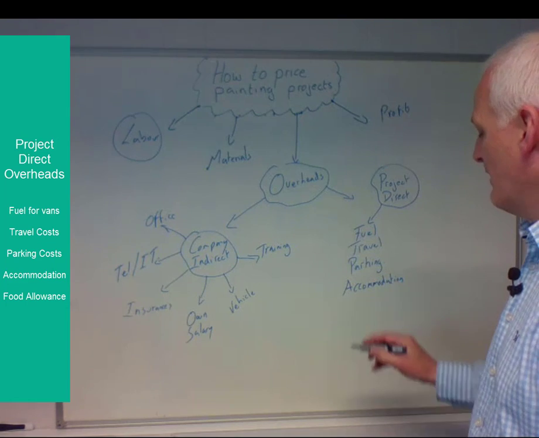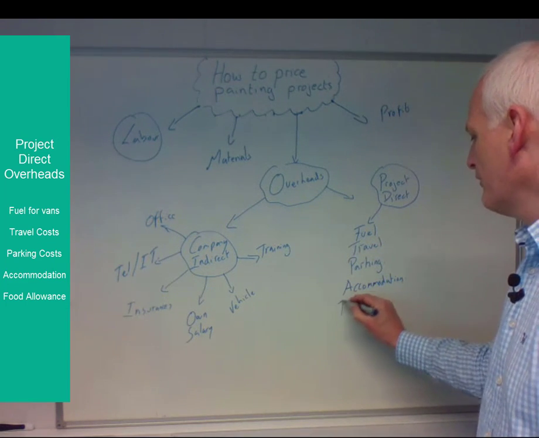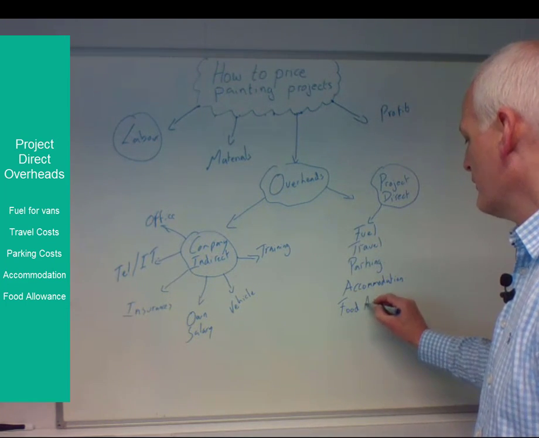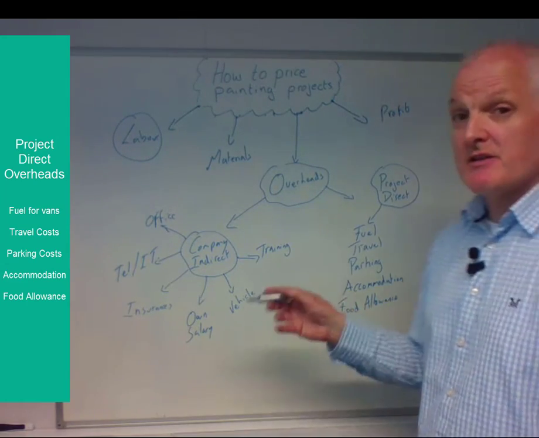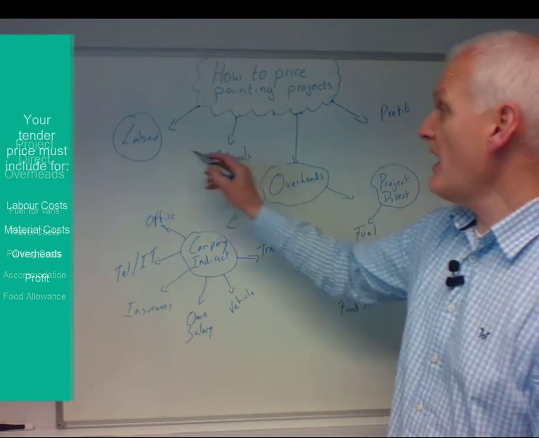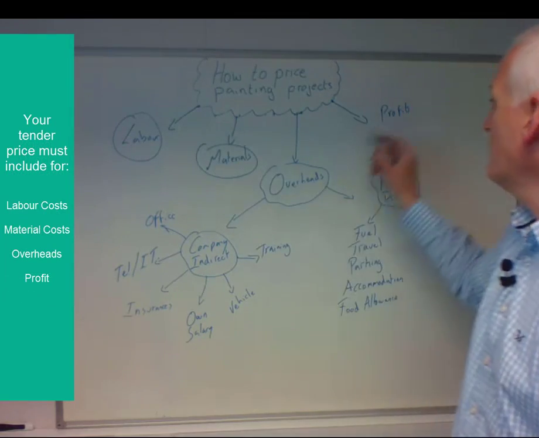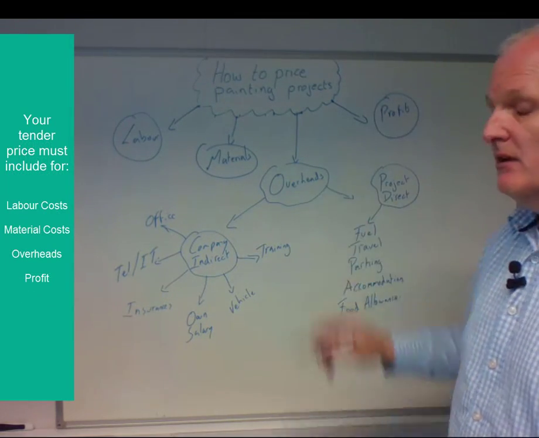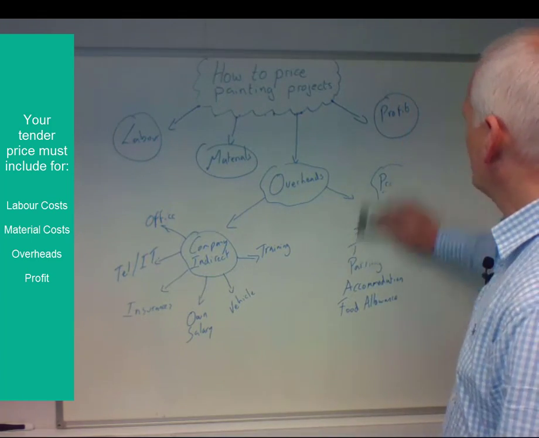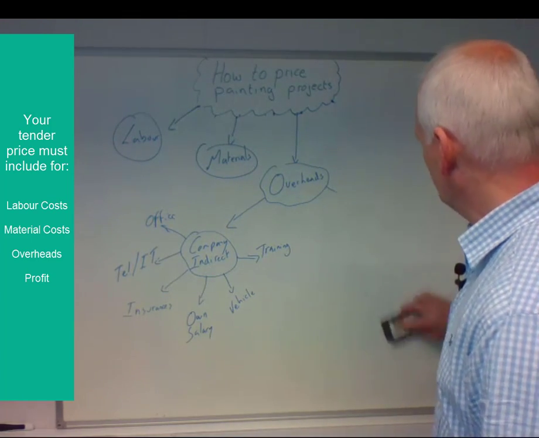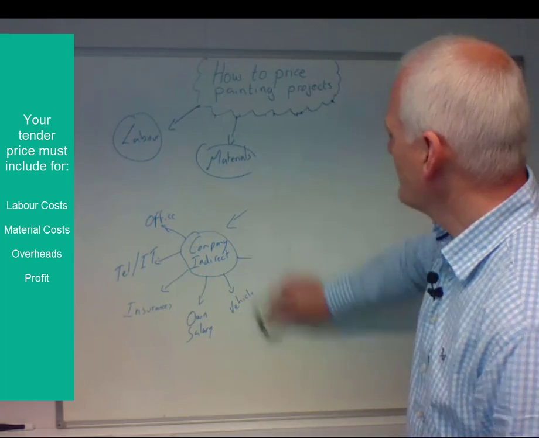And if your lads are working away, you may also give them a food allowance. So basically your tender price has to allow for your labour, materials, profit and overheads. So that's the basics. Let's go on and look at the methods of pricing that we can use.